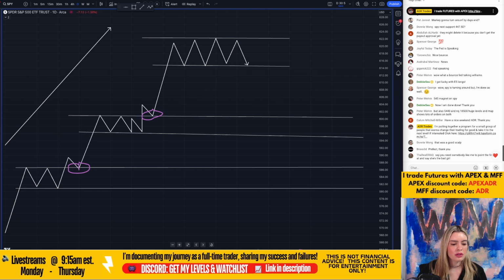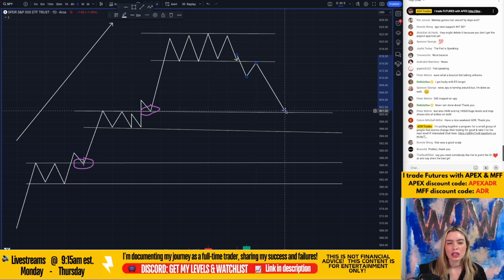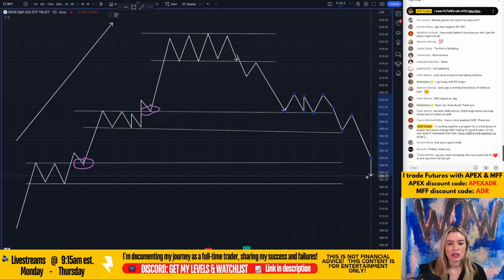And now we have the break of that choppiness, retest, and then downside. Then this resistance acts as support, we have a little bit more, then another breakdown, another retest, and another breakdown, and it goes on and on, right?